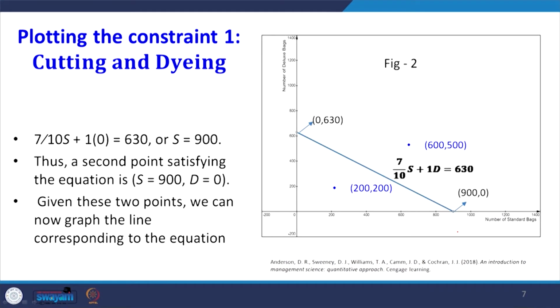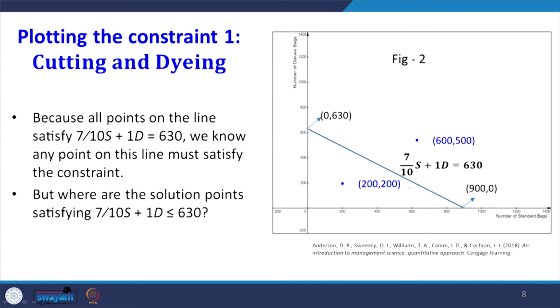When you substitute d equal to 0, the value for s is 900. So, we got another point: 900 comma 0. Thus, the second point satisfying this equation is s equal to 900, d equal to 0. Given these 2 points, we can now graph the line corresponding to the equation. Okay, now we can draw a line.